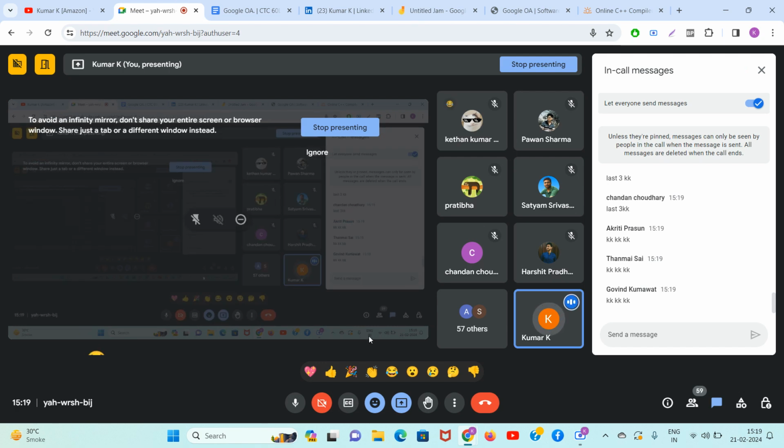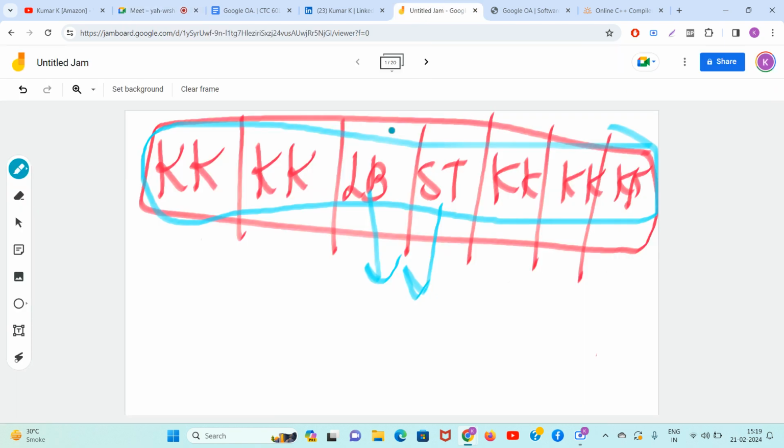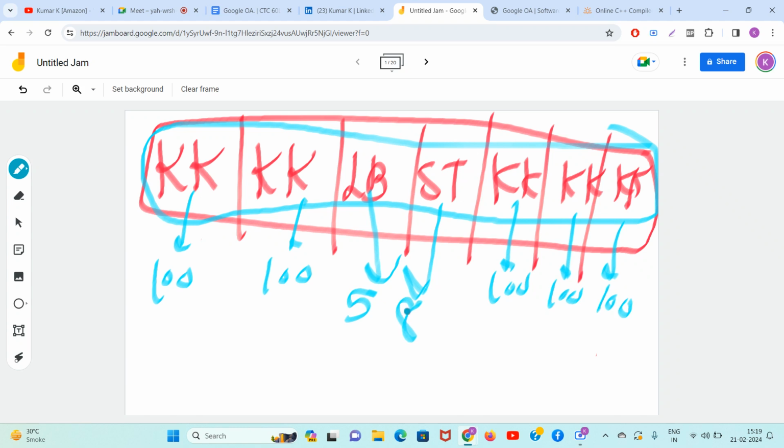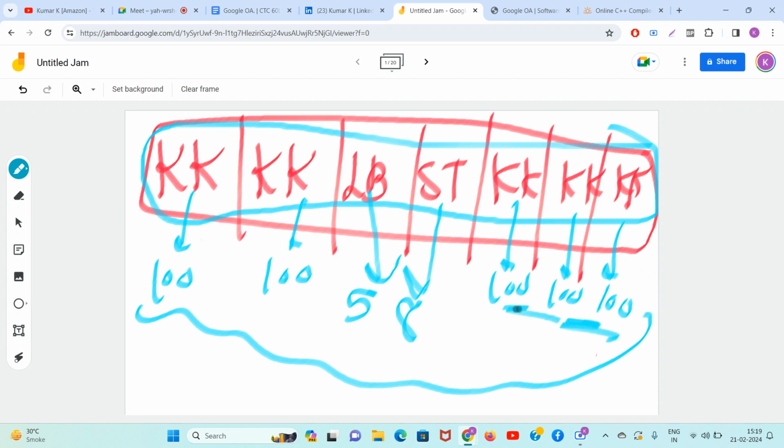Okay, got the problem? Similarly, if this is 100, this is 100, this is 100, this is 100, and this is 100, and now these two are 5 and 8, then the AND of the whole array becomes less than or equal to 5.